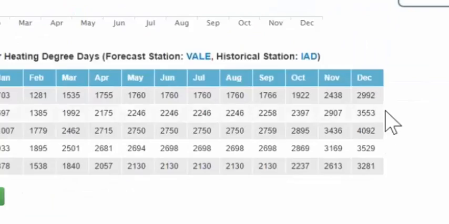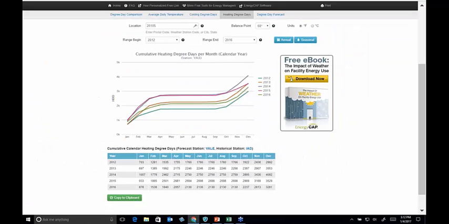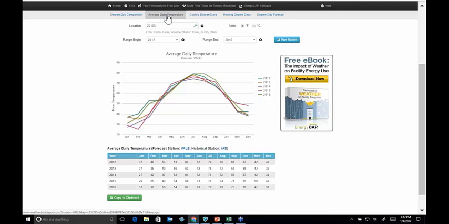That means 2014 compared to 2012 had a 34% increase in degree days. In other words, a lot more heating load. So 2012 was a mild year. 2014 was a very severe year. Those are some things we might want to be concerned about when we pick a baseline.